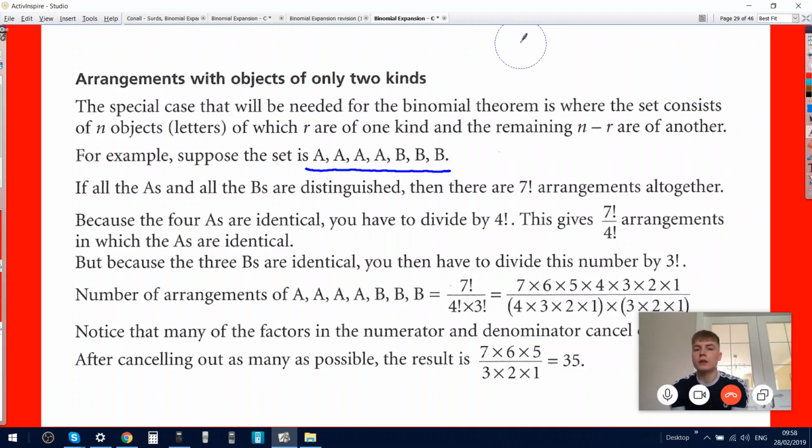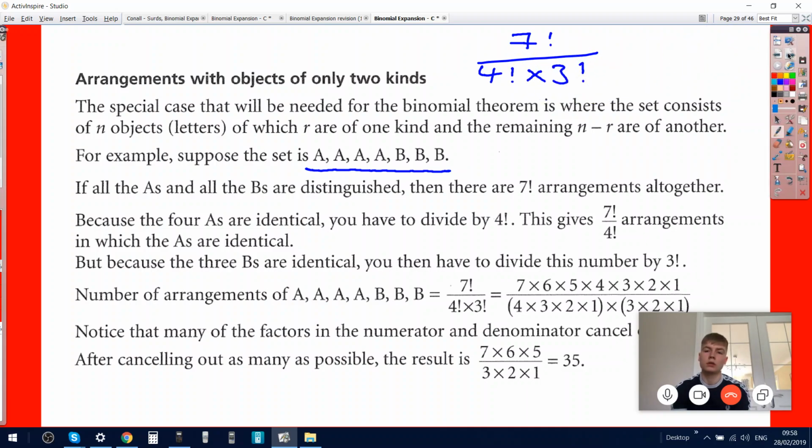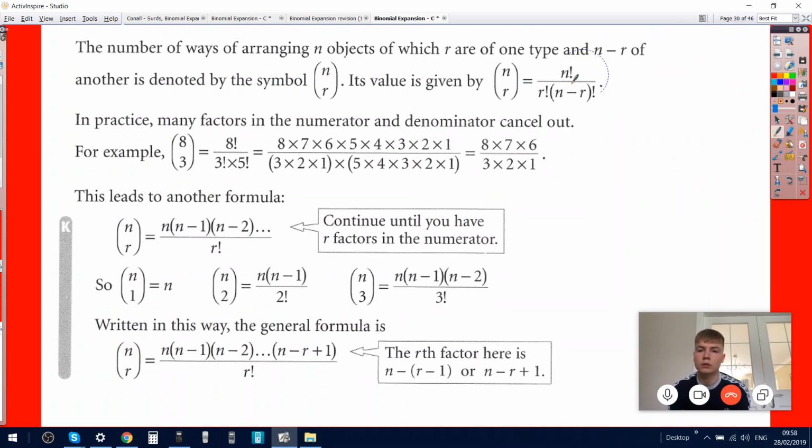Is that 7 factorial divided by 4 factorial, 3 factorial? So it's basically times. Yeah, that's how it works. That gives you this. And so this is the formula you end up with.